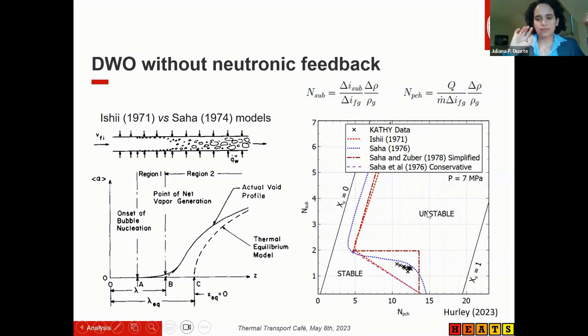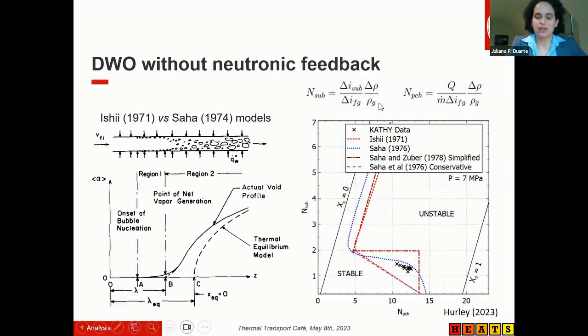And on the right side, we have our instability plot, sometimes called the Zuber plot, which is the subcooling number versus the phase change number, with the definitions shown here. The h is the enthalpy, and the other variables are the ones that we usually use: the density, power, mass flow rate, etc.